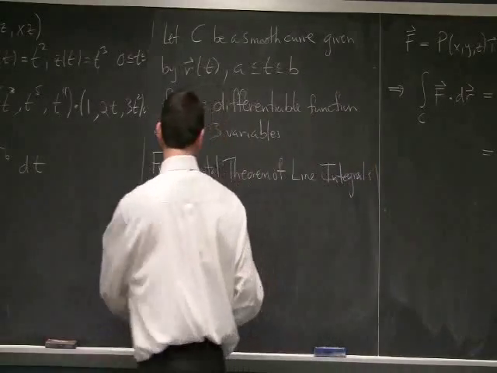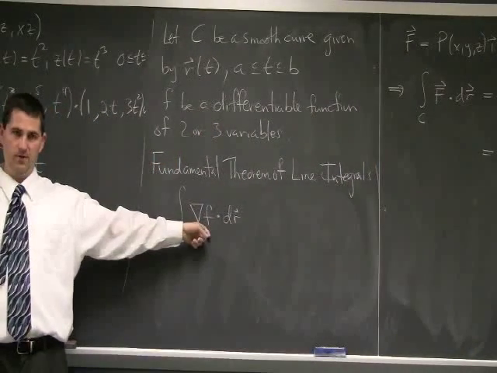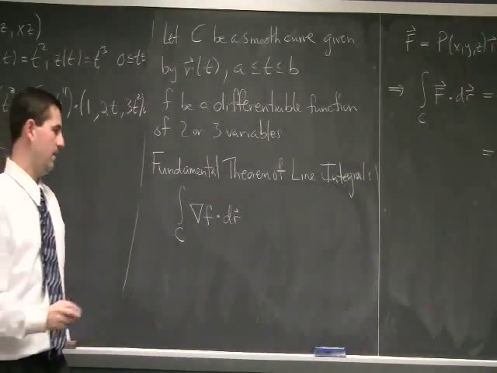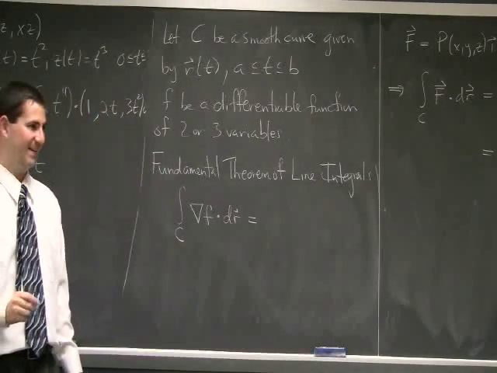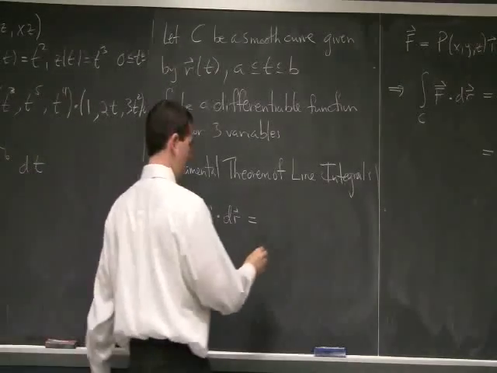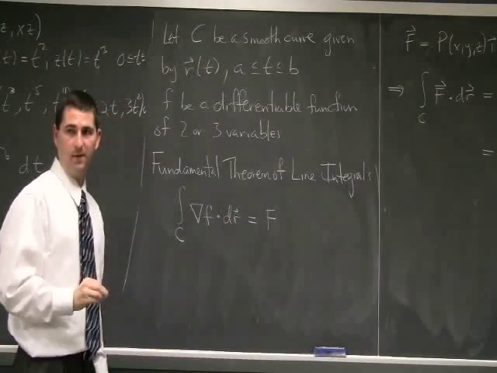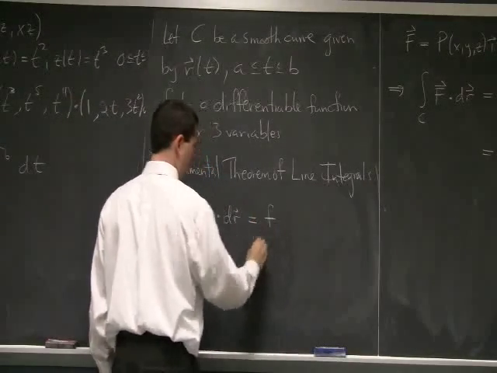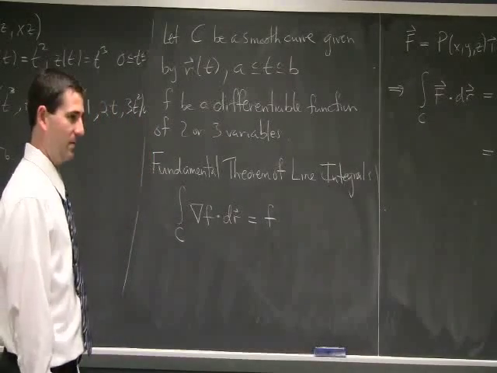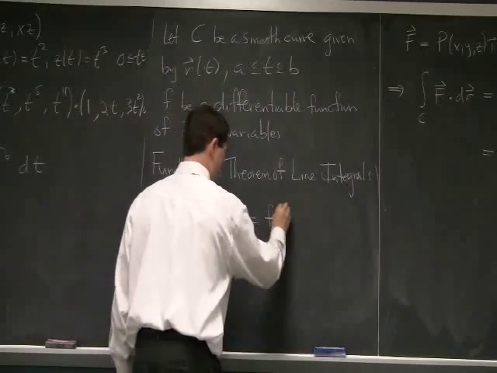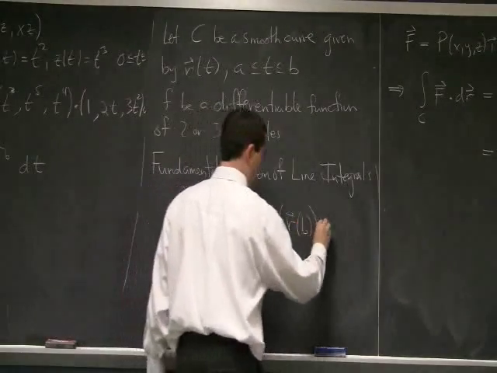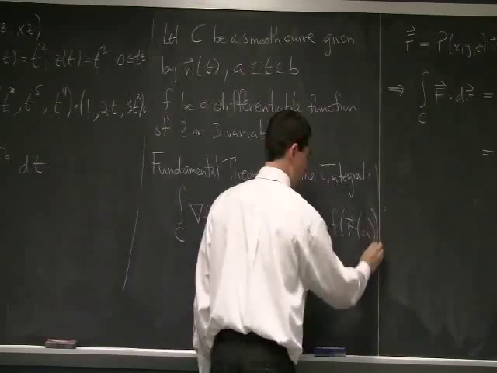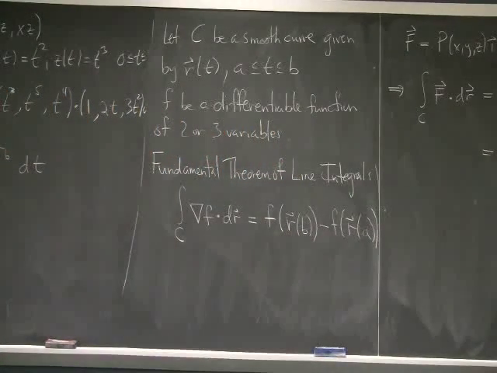So if you integrate a conservative vector field over a smooth curve C, you can actually evaluate this by taking the original function f and evaluating it at the two endpoints and subtracting.